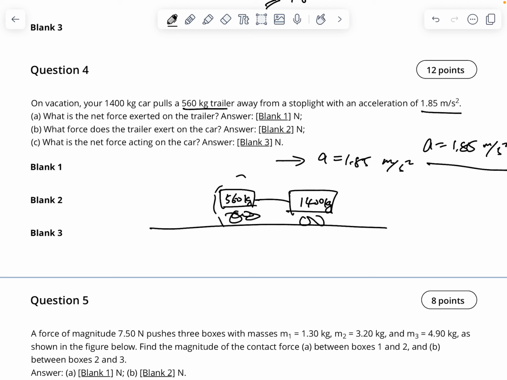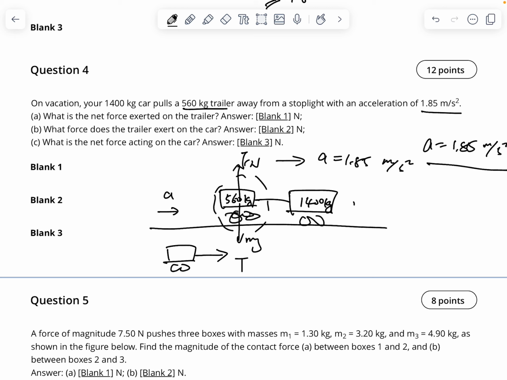If you look at this trailer in the horizontal direction, you have a weight and normal force, so they cancel each other. In the horizontal direction, there's only one force on the trailer, which is the tension from the car to the trailer, and this moves with acceleration a.